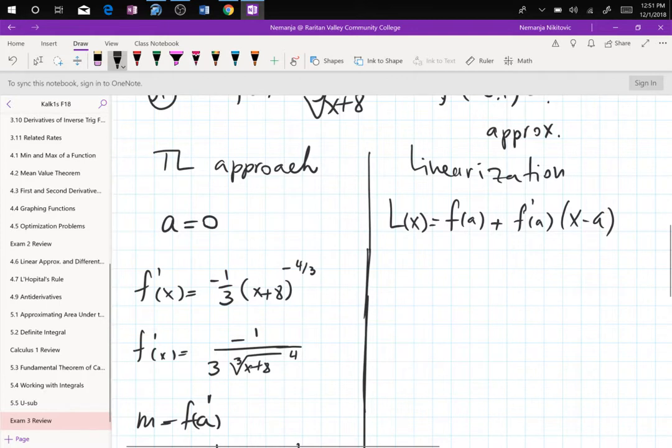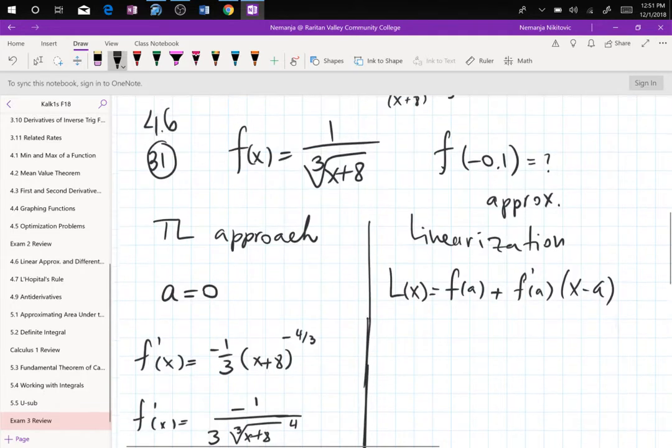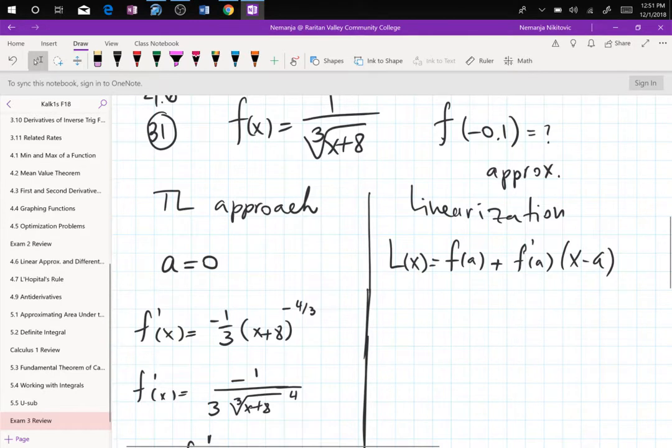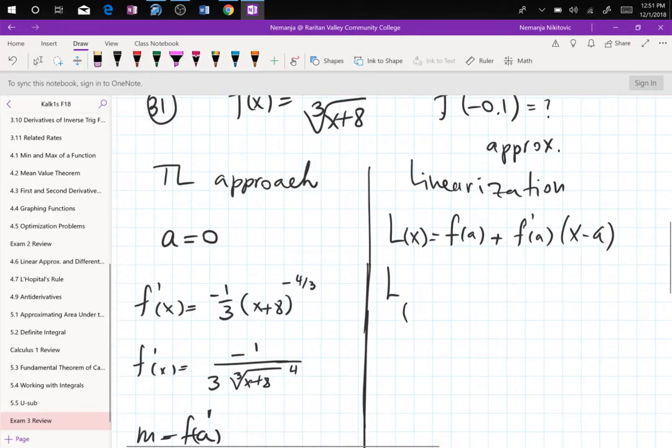You need to know it. So all we need to do is to plug stuff in. We know a is 0. So plug a into the original function. Well, let's write it. L of x is going to be f of 0 plus the derivative computed at 0 times x minus 0, because a is 0.